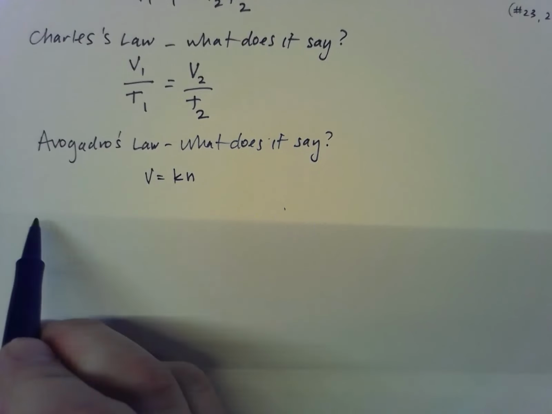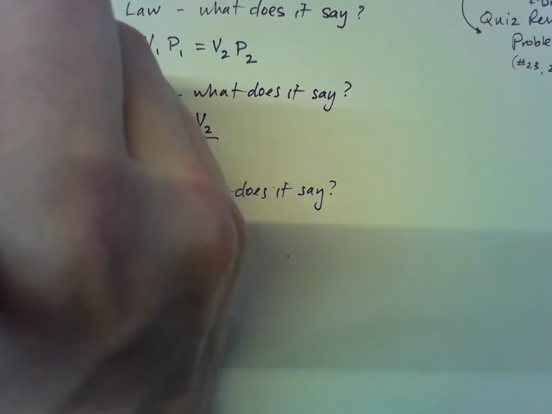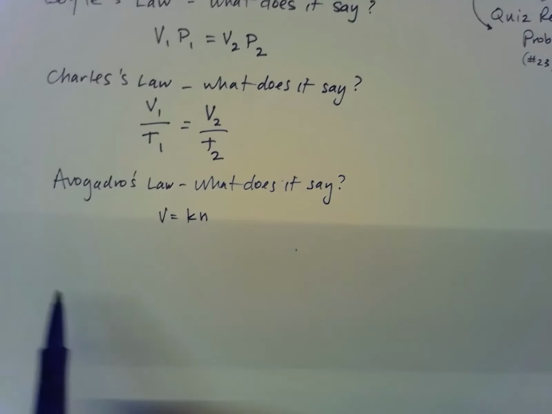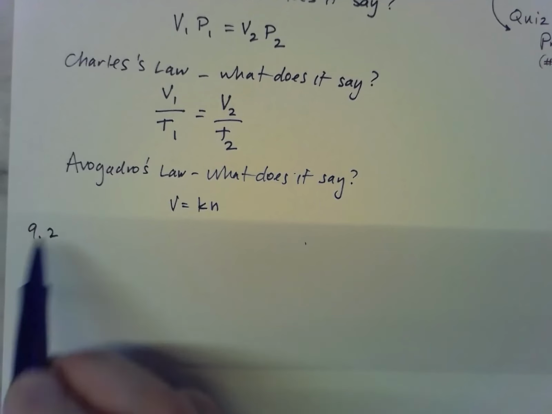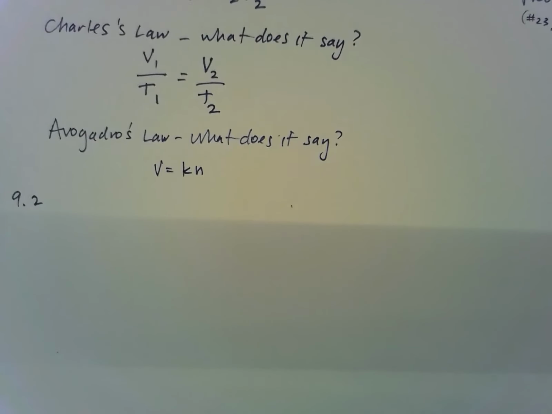So then we have, this is 9.1 various, and this is 9.2. I'm not worried about the subheadings so much.